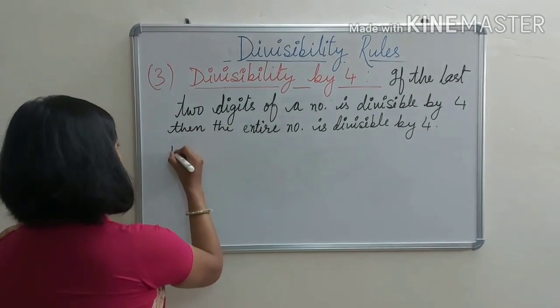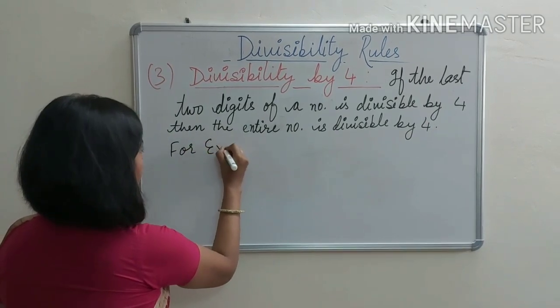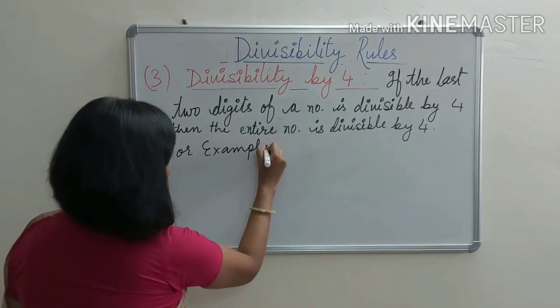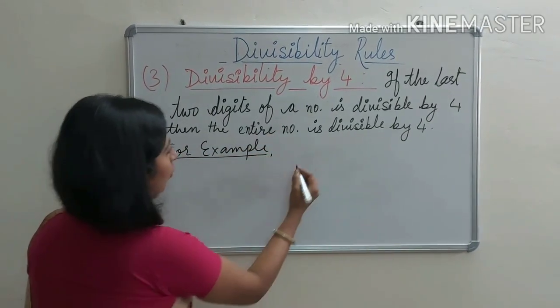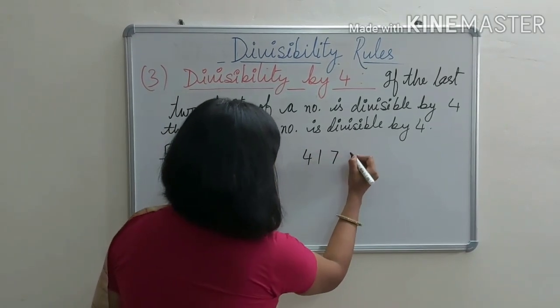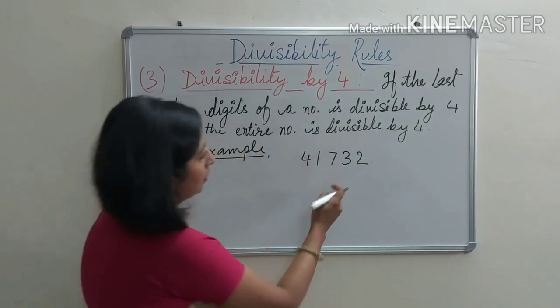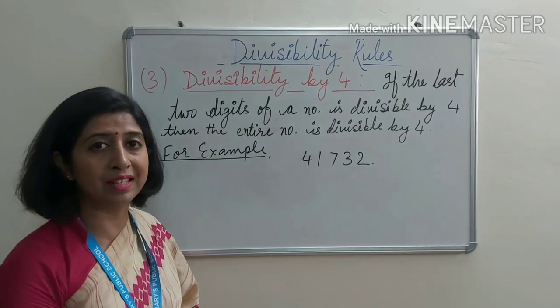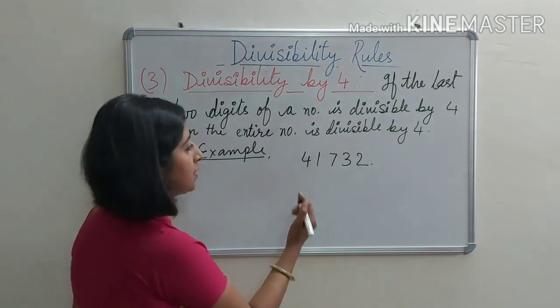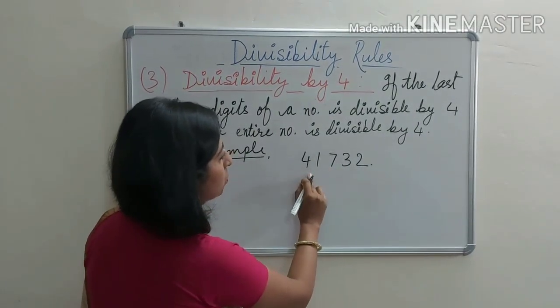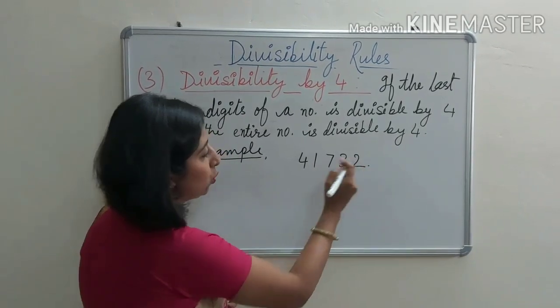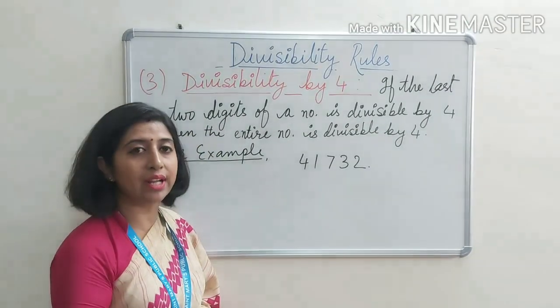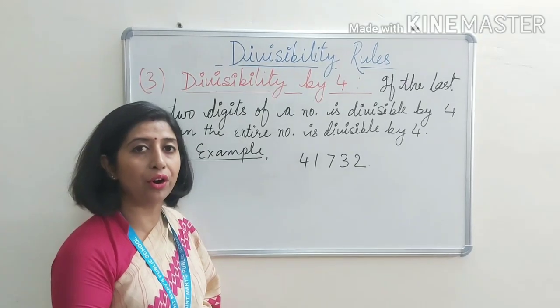For example, taking one number, this is really a big number. What number is this? This is 41,732. How can we know whether this number is divisible by 4 or not?